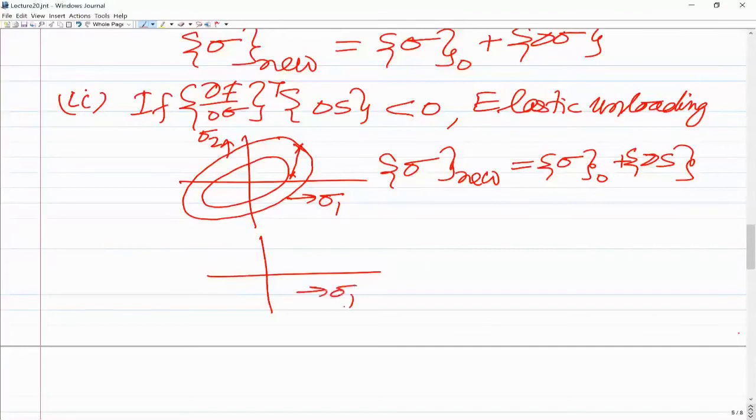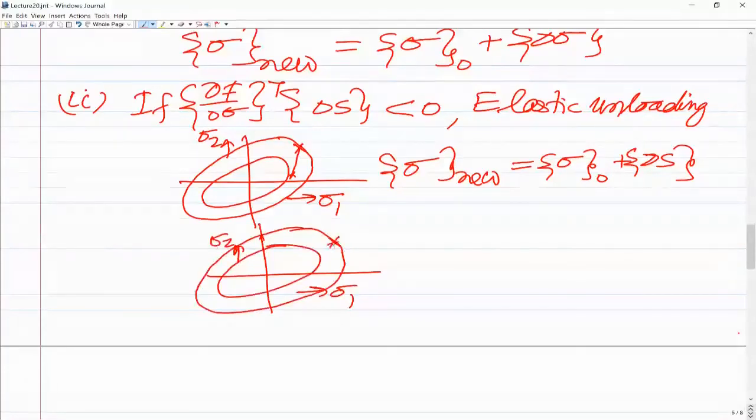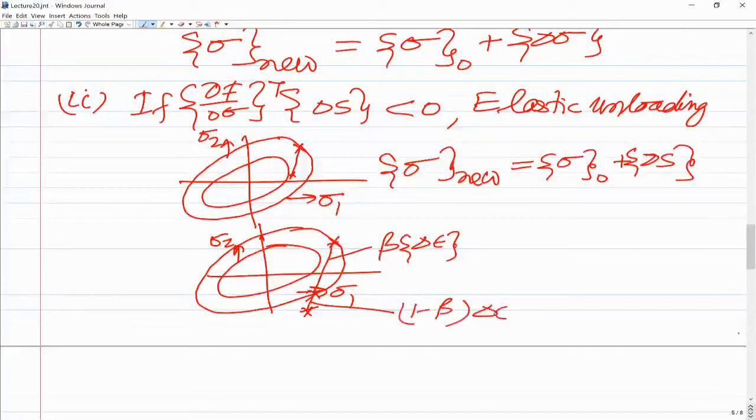The second thing is, when we look at sigma 1 and sigma 2, this is the initial yield surface, and this is the previous step yield surface, and you were here in the previous step. Then when you are going, it is crossing and going somewhere here. So if it is crossing, this part of the strain is, let us say, beta times delta epsilon, and this part of the strain from here to here is 1 minus beta times delta epsilon.